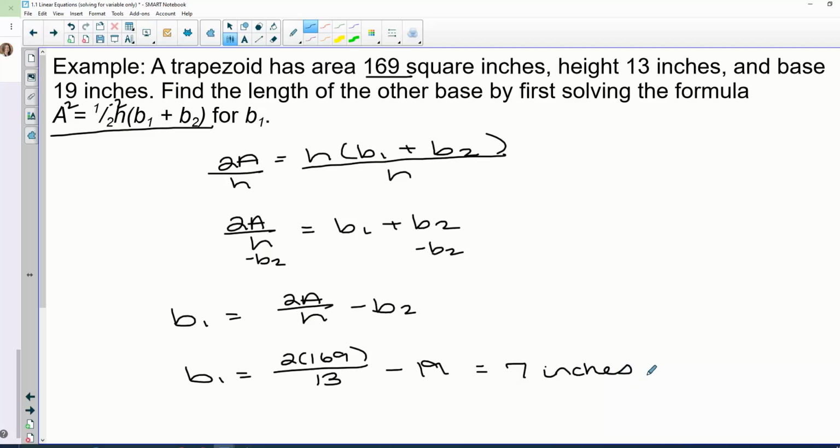Check my mental math. Did you guys get 7 inches for the other base?